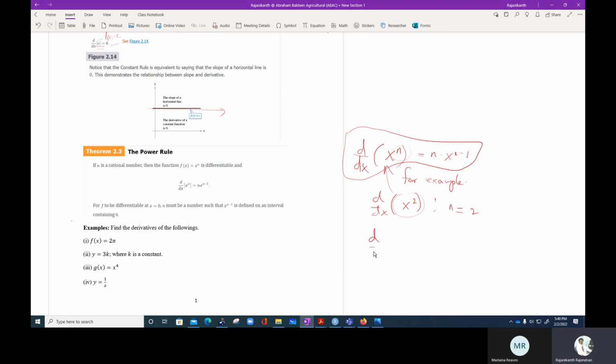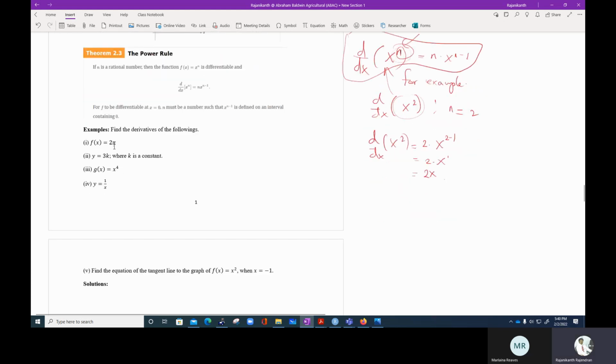So d over dx of x squared is, replacing n by 2, 2 times x to the power 2 minus 1. 2 minus 1 is 1, right? The answer is 2 times x to the power 1, and x to the power 1 means simply x. So the derivative of x squared is 2x. n is a fixed number; you could have any real constant number there. That is the power rule of differentiation.